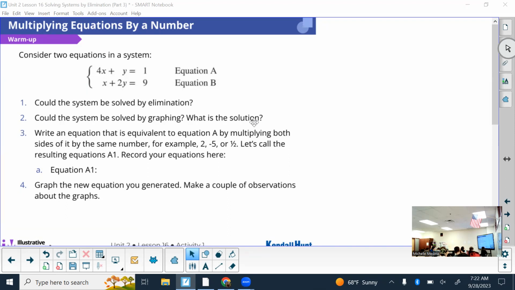If you need somewhere to write it, there's plenty of room on the back of your paper, but only on this question. Okay. So based on what I've taught you so far, could this be solved by elimination? And why not?